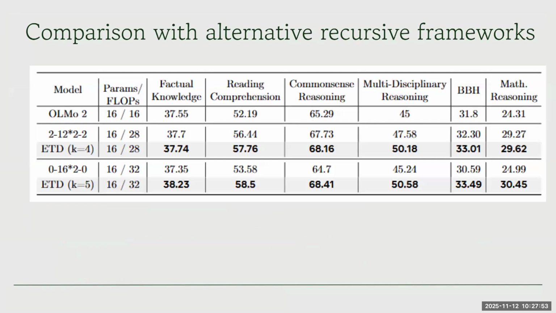The authors also compared the ETD approach to two of the previous approaches that we talked about. The first one is to use the entire model as the thinking block, so you have 0, then 16 by 2, then 0, and you can see the performance.